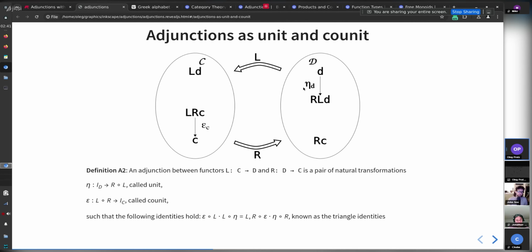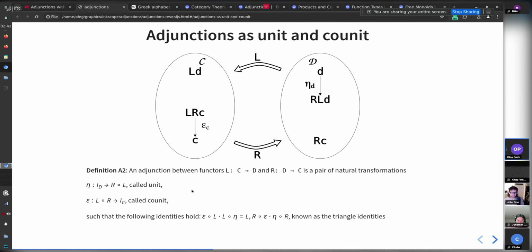Here we see a component of the unit at D, and epsilon, called co-unit, goes from LR to identity.